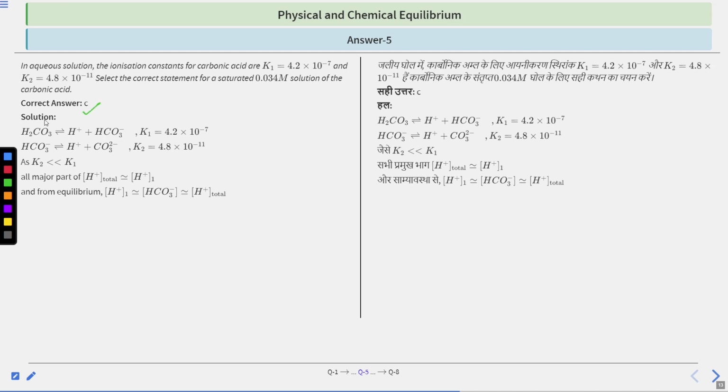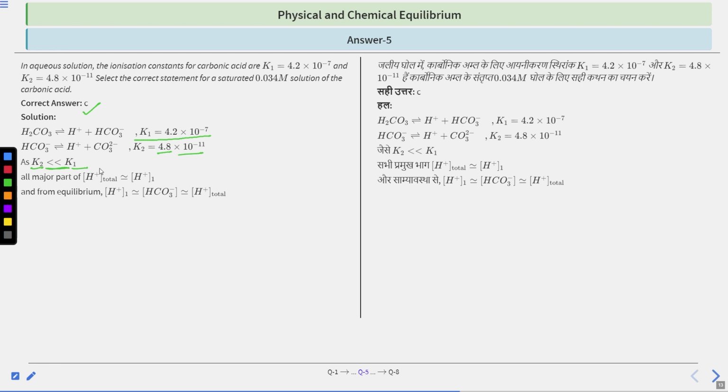So H2CO3 will give you H positive plus HCO3 negative, and for this the ionization constant is K1, which is 4.2 into 10 to the power minus 7, given in the question. Now the second ionization constant K2, for the reaction HCO3 negative giving H positive and CO3 2-, is 4.8 into 10 to the power minus 11. Now as we can see, K2 is very, very much less than K1, right?